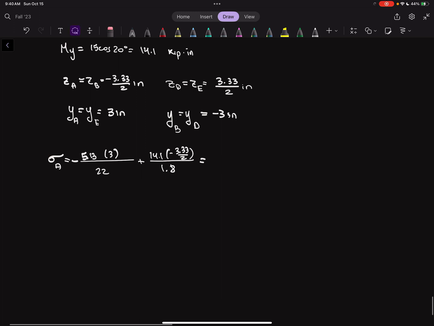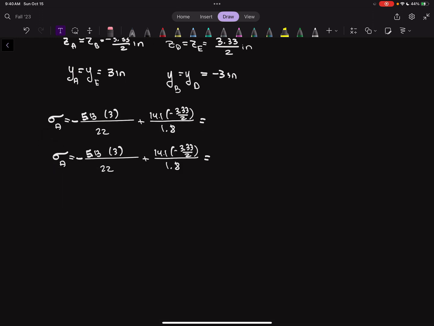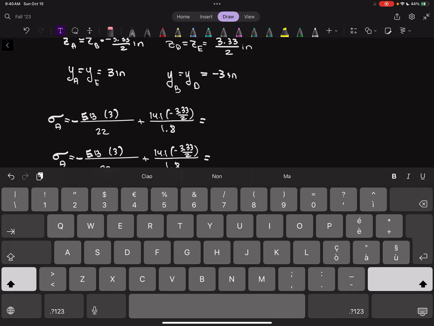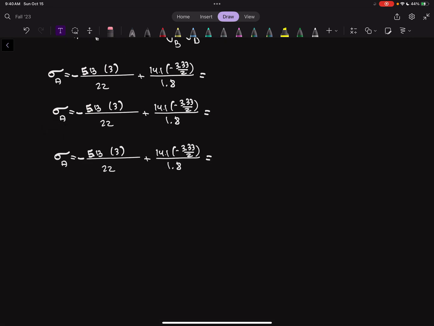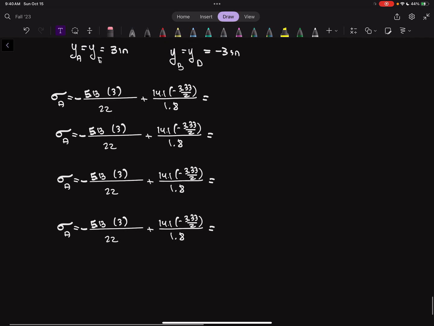And then we'll have something similar for everything else. So I'm going to copy this and paste it for the second case, for the third case, and for the fourth and last case. So we put all of these in, and now what do we do?